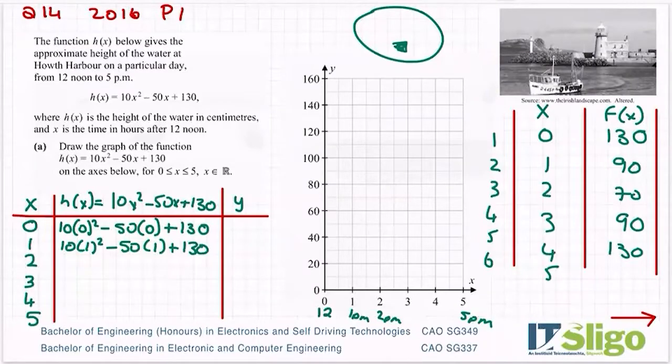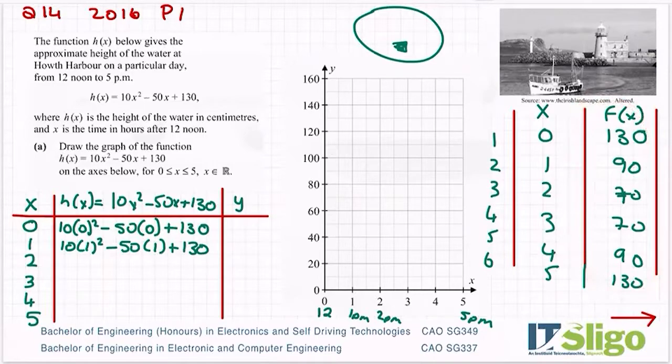Did I miss one? 130, 90, 70. I did. I missed a 70, didn't I? Okay, so these are your y values.